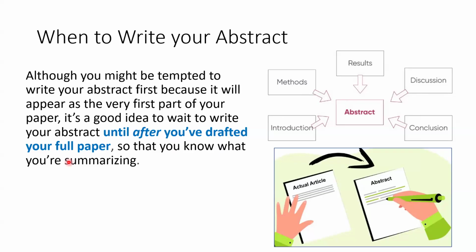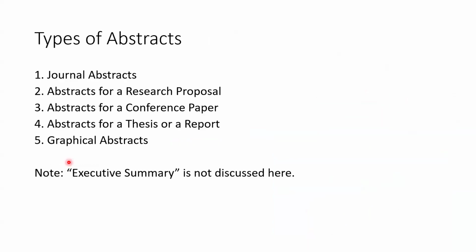The next is something that we can just browse through. I'm going to discuss five kinds of abstracts. One is a journal abstract, but you have to think about the most common types that come across us.